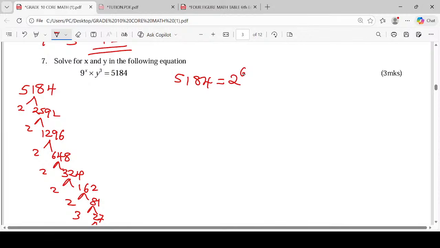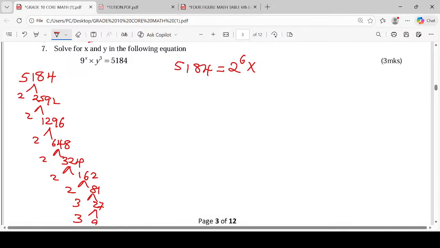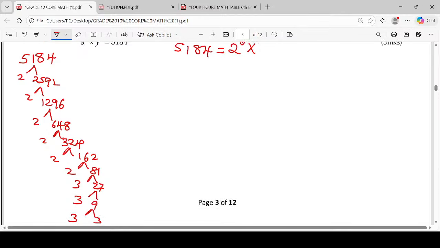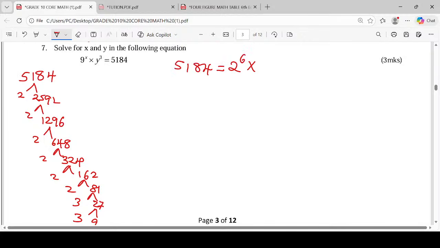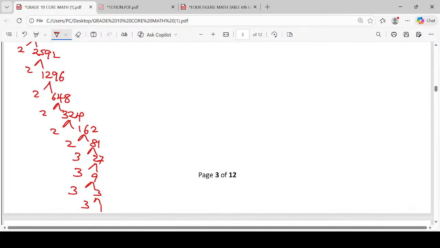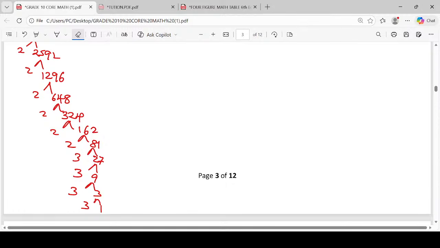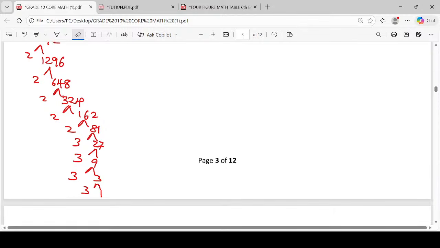Being multiplied by, let me just see. I think I should not have used this path here because I'm seeing there is a 9. So when I reached 162, I could have proceeded with 9 here. It could have made my work very simple.